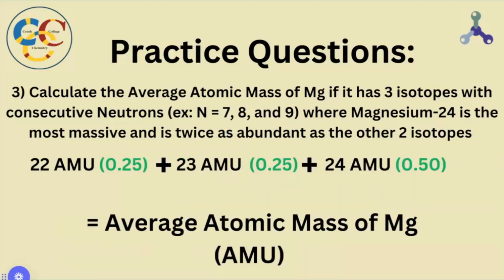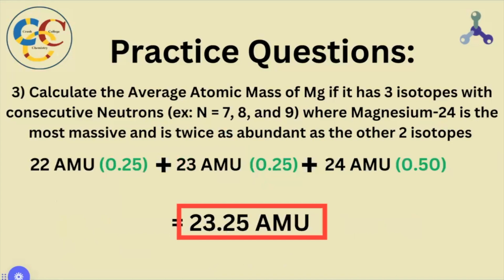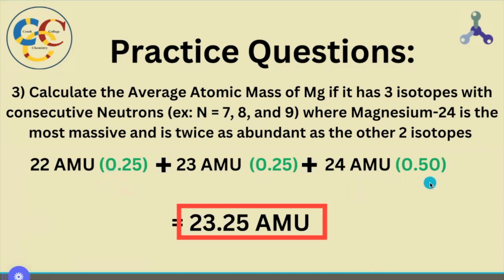When we do that, we get the average atomic mass of magnesium in AMUs, and our answer is 23.25 AMUs. Average atomic mass of magnesium, given these isotopes, magnesium-22, magnesium-23, and 24, in their stated abundances of this, this, and this, is 23.25 AMUs.